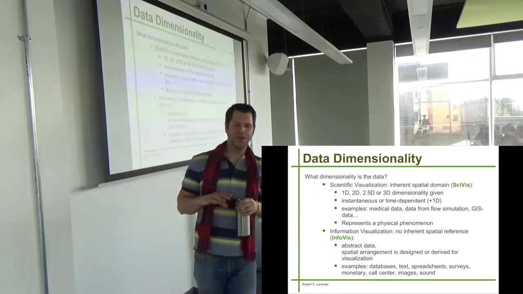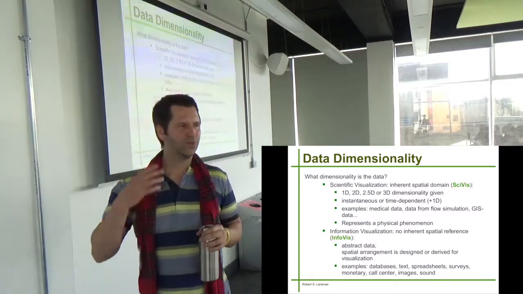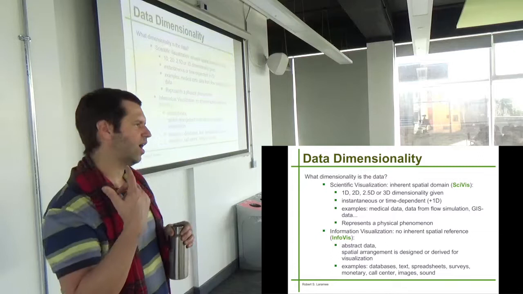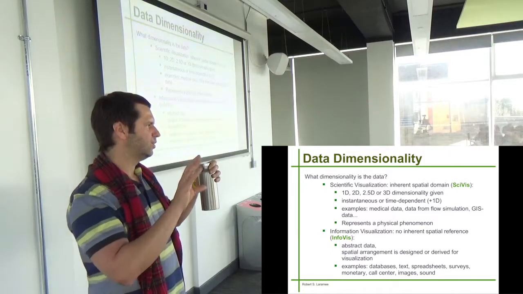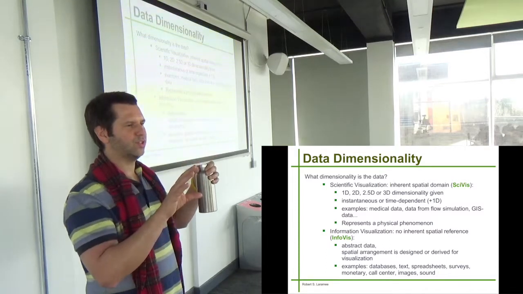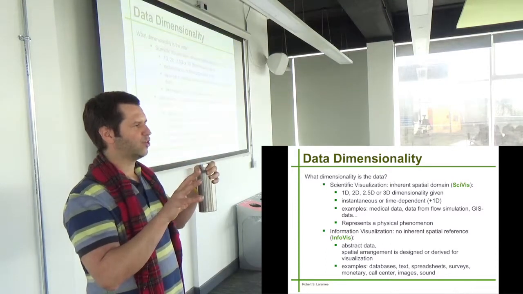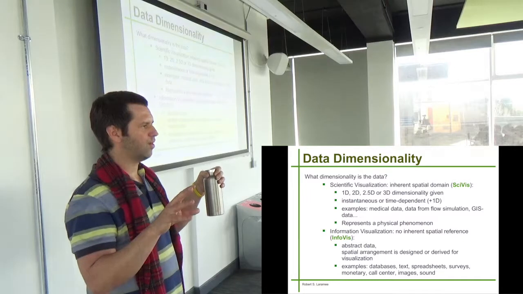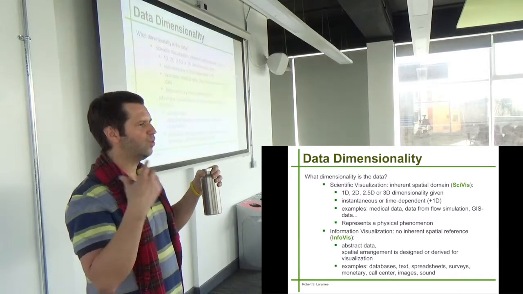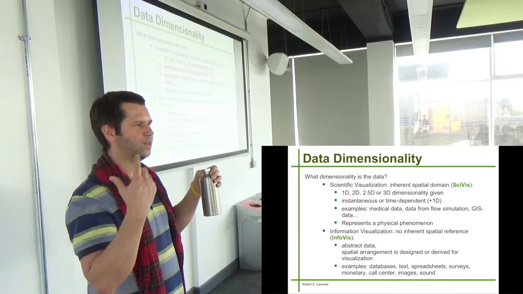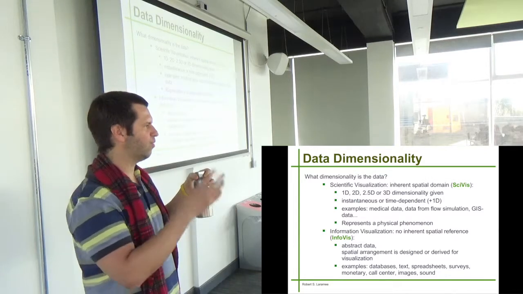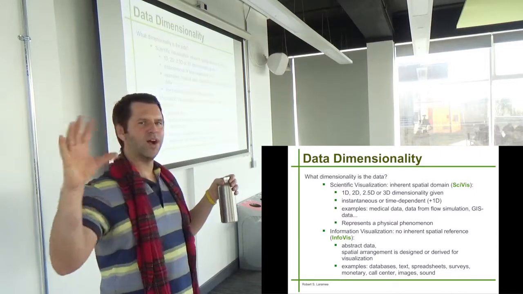In that case, we have to imagine or derive some spatial layout or some spatial attributes. An example would be a graph. A graph is information visualization. We have to derive the graph ourselves. It doesn't correspond to the shape of a person's head or some artifact in nature.